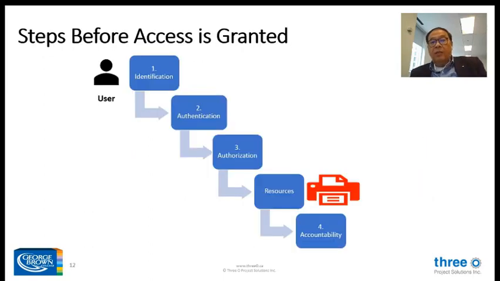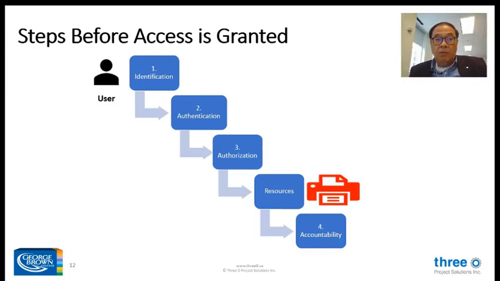This is what it looks like if we put all of these into a flow. The user has to provide his or her identification, usually a username, user ID, or account number. Then the user will be authenticated by the system.